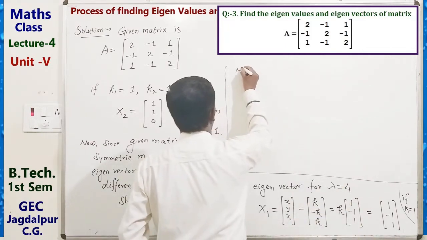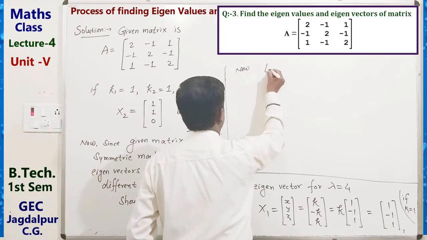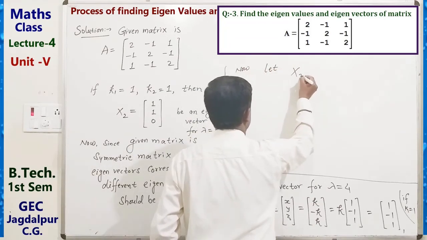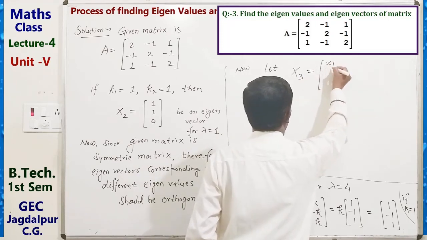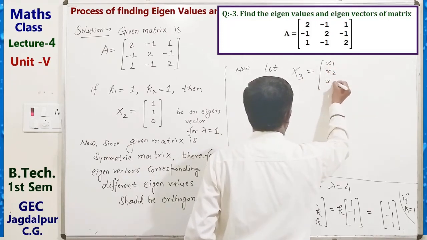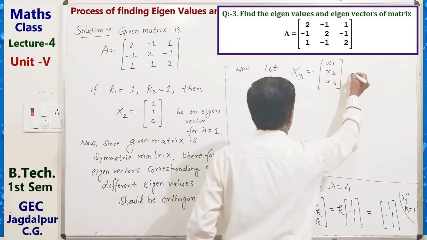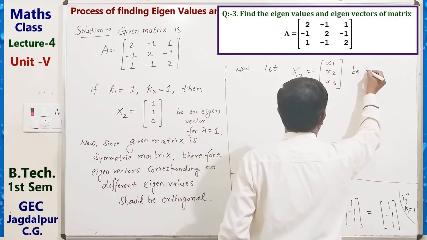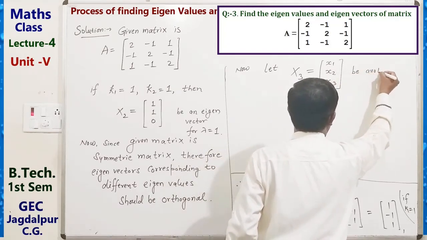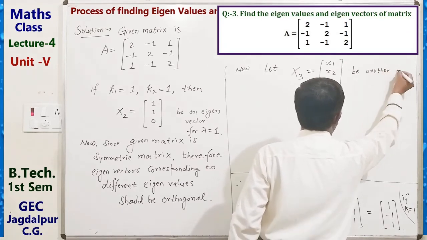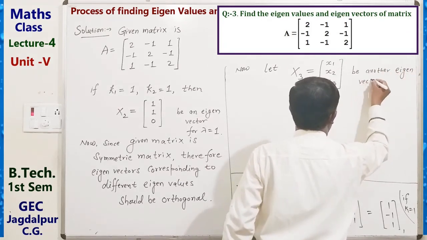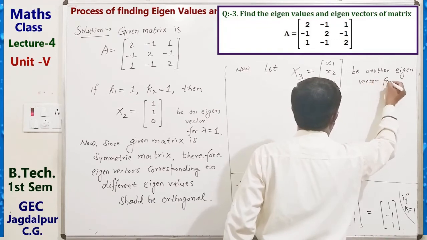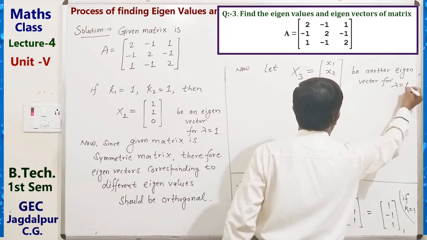Now, let x3 = (x1, x2, x3) be another eigenvector for lambda equals 1.